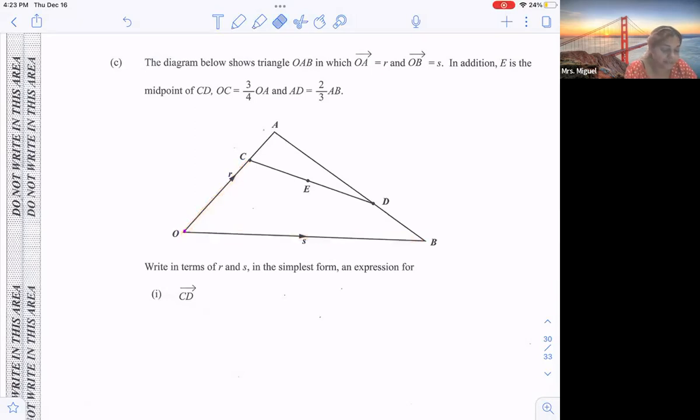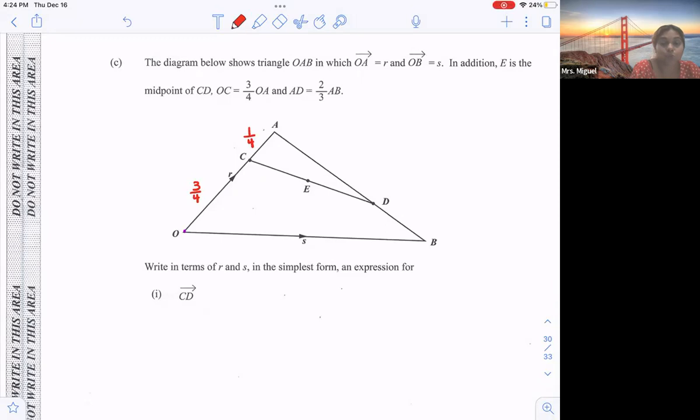In addition, E is the midpoint of CD, right? And OC is 3/4 OA. So if OC is 3/4 OA, therefore this part here is a quarter, because 3/4 plus a quarter will give us a whole. You all understand that? Yeah.